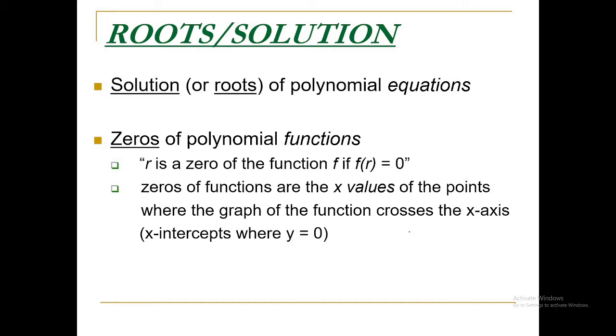So for example, if this is the graph of my function, it intersects the x-axis here, here, and here. These 3 points are called zeros. The x-intercepts are what you call the zeros of your polynomial, if you have this graph.